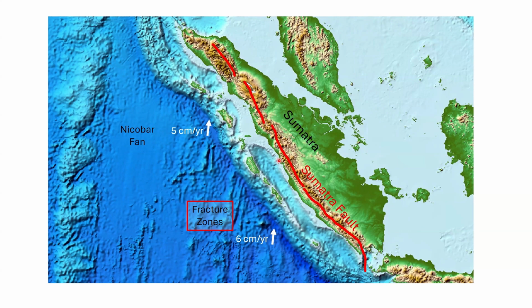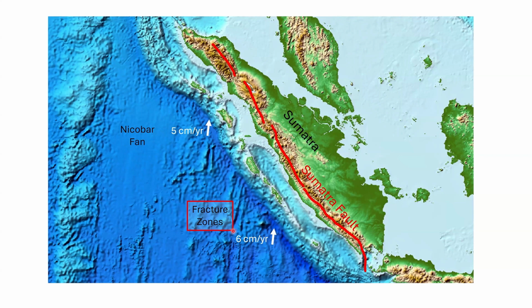So this entire block between the Sumatra Fault and the trench is moving to the northwest. It is just a few millimeters per year, but enough over the millions of years that it's been going on to have lots of offset along this Great Sumatran or Semangko Fault.